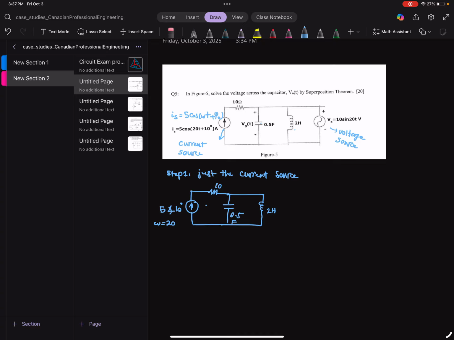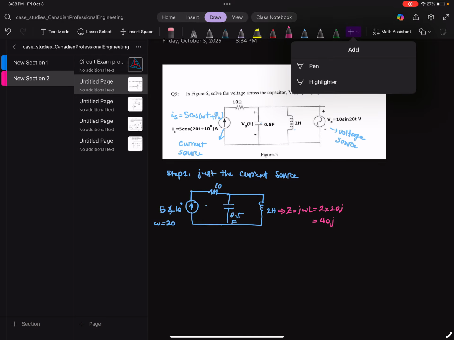henries here. Okay, so we can replace the capacitor and the inductance with the phasor. The impedance of the inductance is j omega L, so it's going to be 2 multiplied by 20 by j, which is 40j. Okay, I hope you're not cursing me for using this color.